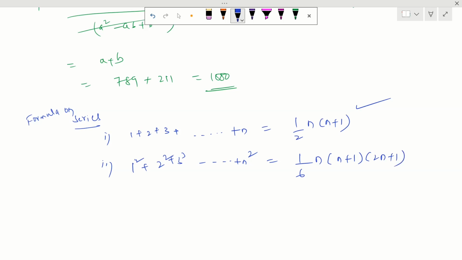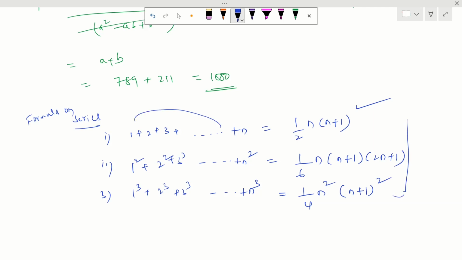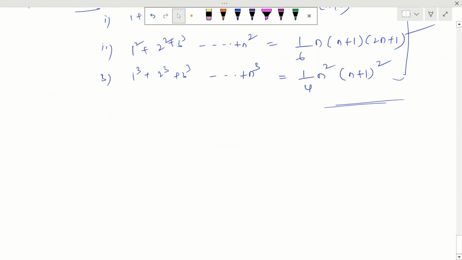And if we have 1 cube, 2 cube, 3 cube, and the last number is n cube, the formula to find the sum is 1 by 4 n square into n plus 1 whole square. You have to remember these formulas: when the series is given in the form 1, 2, 3, 4, we use the first formula, when the squares of the series are given, we use the second, and when the cubes are given, we use the third. Understood?